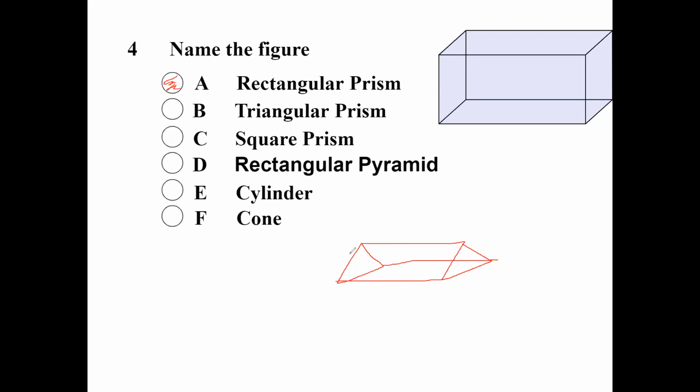When I'm looking at this, it's the two triangles that are directly across from each other. That thing that it's laying on, this rectangle, doesn't have anything across from it because the top is going to be just an edge there. So you have to look at what's directly across from each other, and in this case, it's the triangles. And so this is what a triangular prism is going to look like.